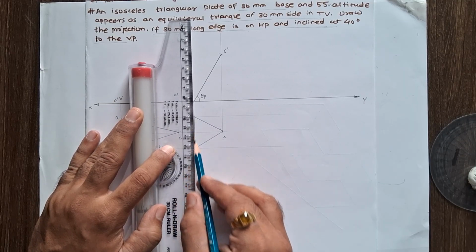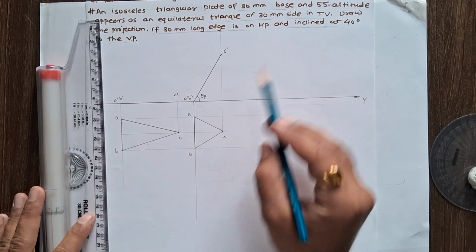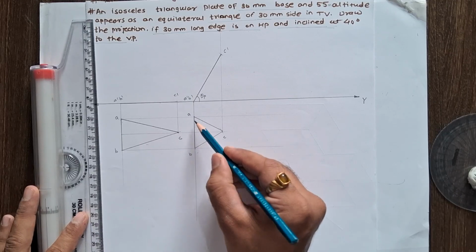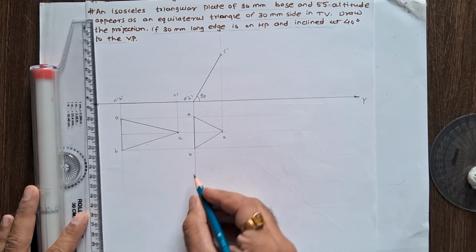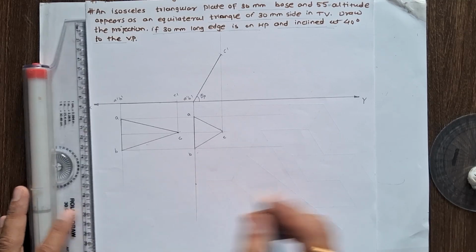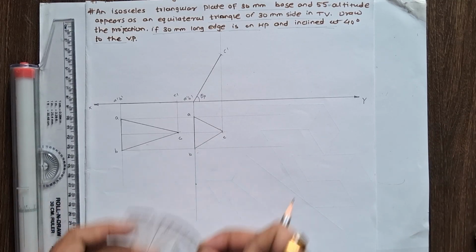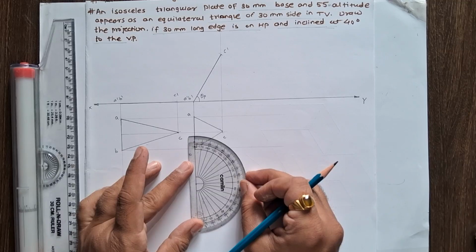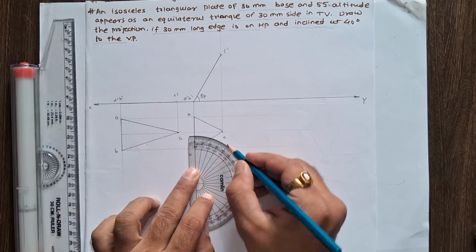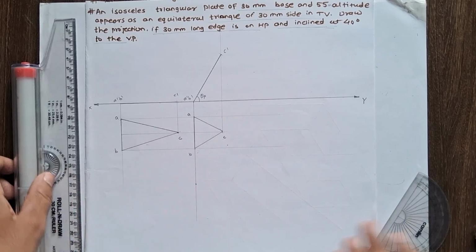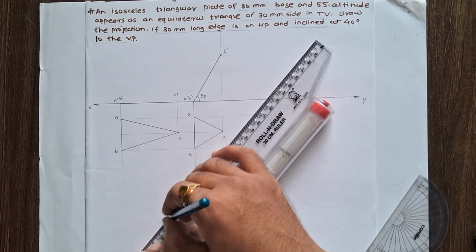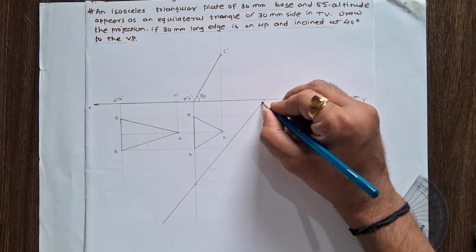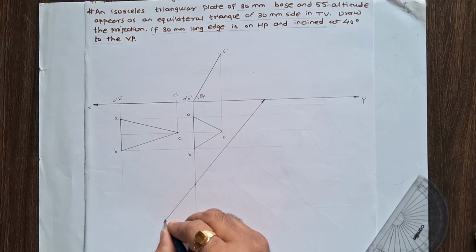So, an angle is given with the 30 mm base edge. So, extend this edge, mark a random point below this second stage top view, and from this point, mark a 40-degree angle. This is 40 degree, and draw another plane. Its name is x1 y1.